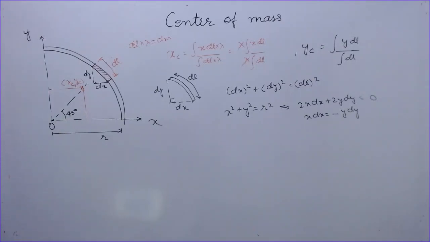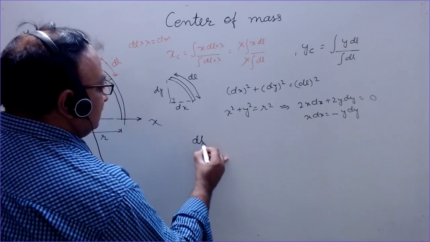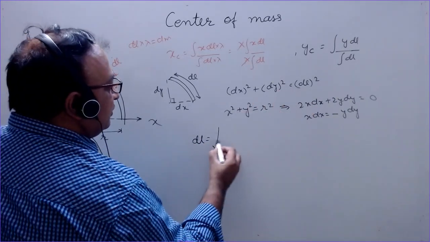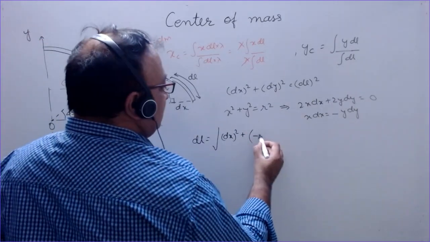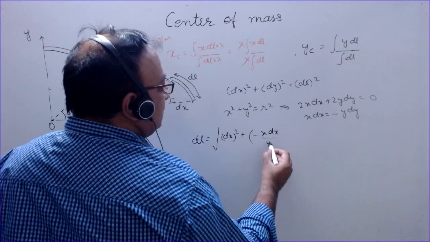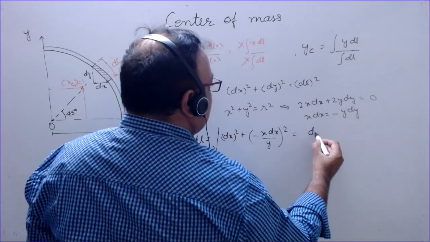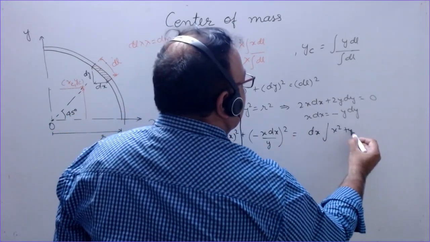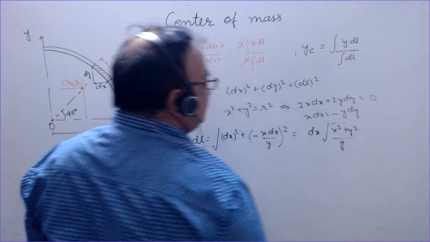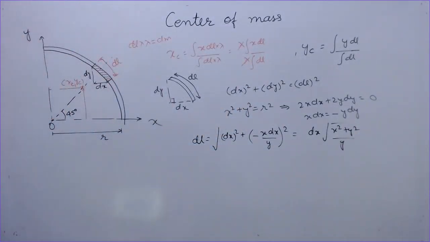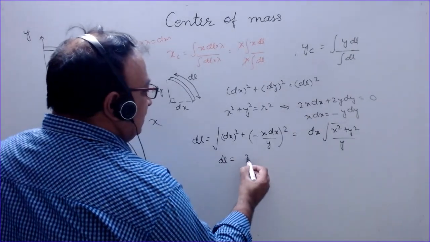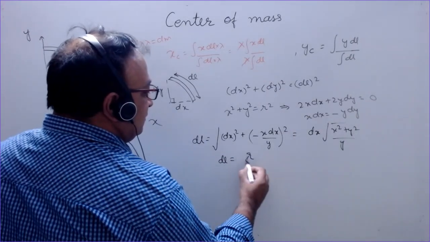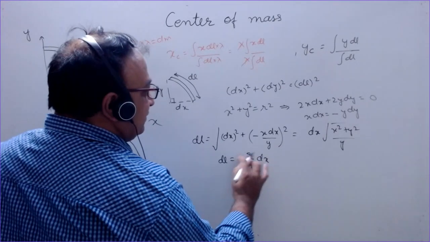So dl is the square root of dx whole square plus, putting the value of dy from here, x square upon y square dx square. So x square plus y square is r square, under root r. So dl is r upon y into dx.